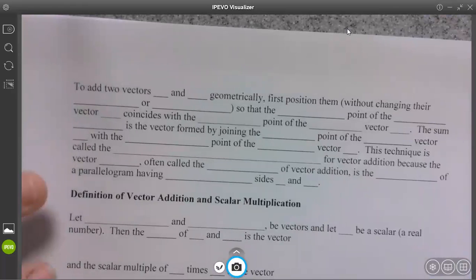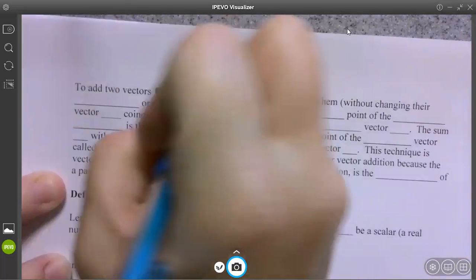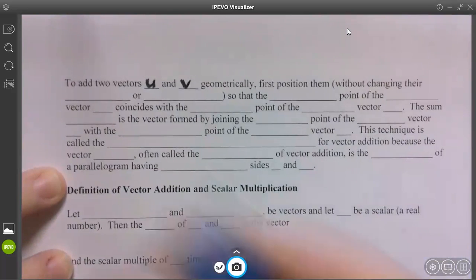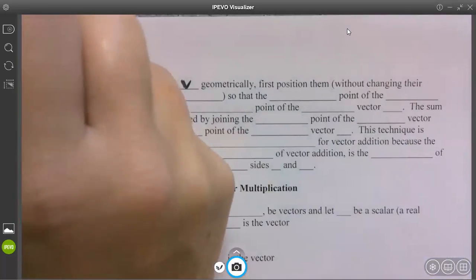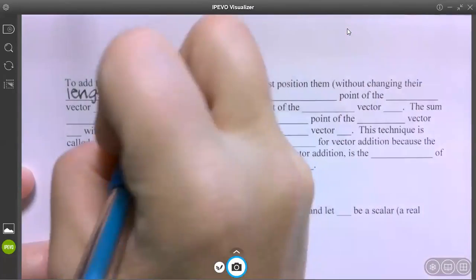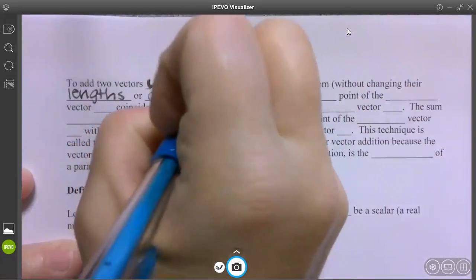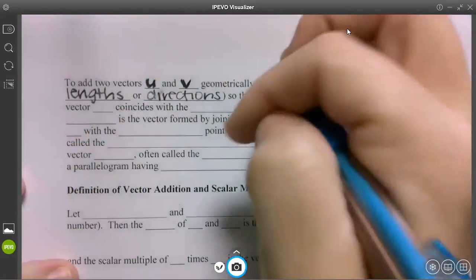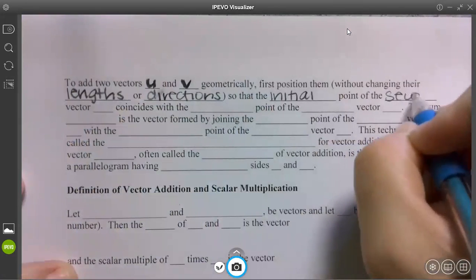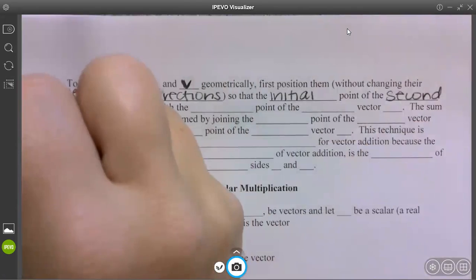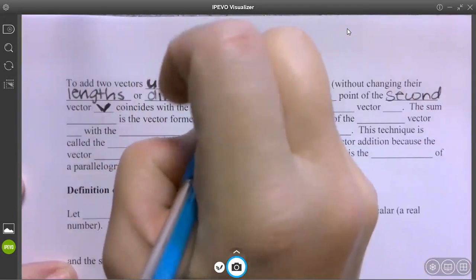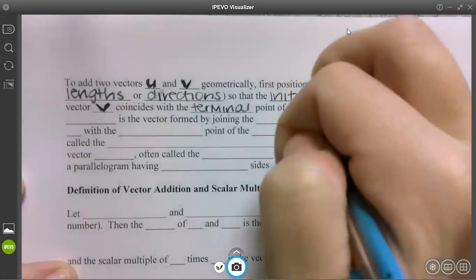To add two vectors u and v, geometrically, first position them without changing their lengths or directions so that the initial point of the second vector v coincides with the terminal point of the first vector u.